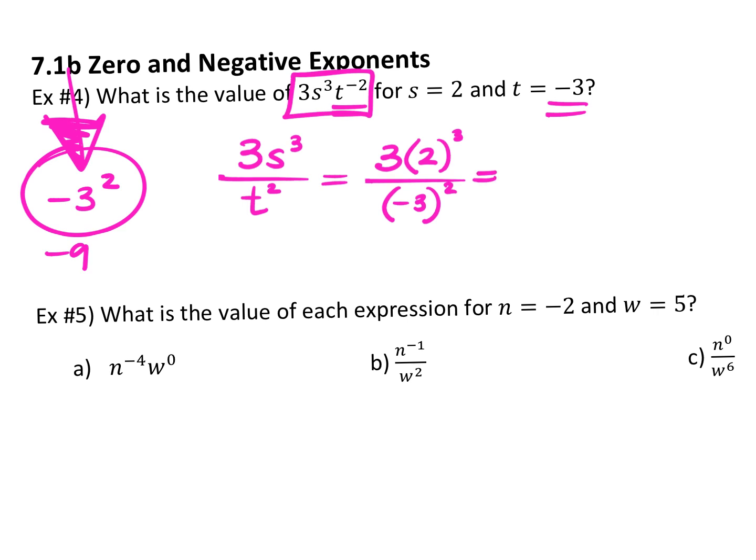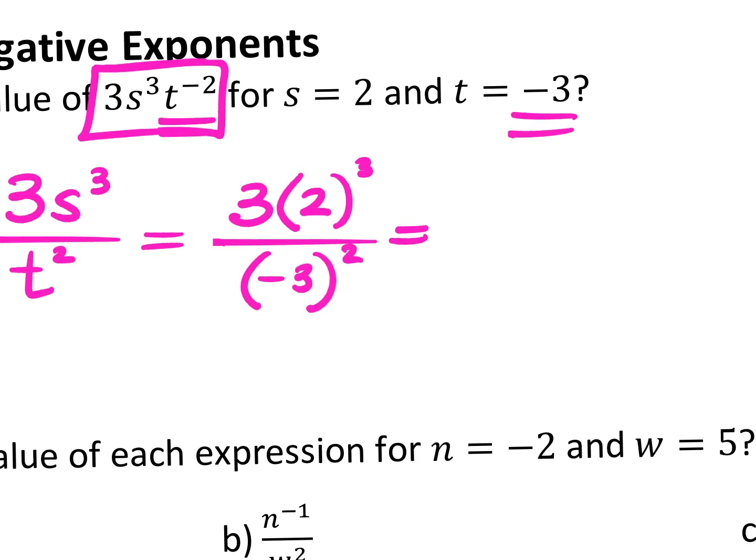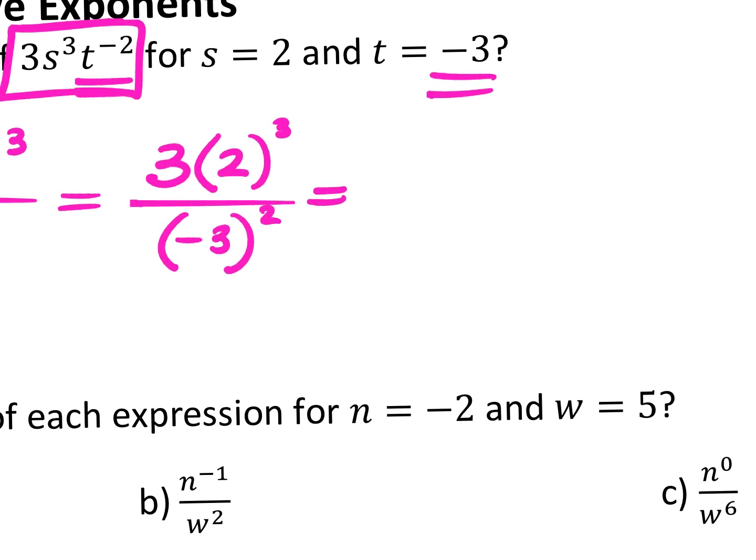So simplify this. Can you tell me, is the 3 times 2 cubed or is the 2 cubed up top? Just the 2, okay? If you plug in 3 times 2 in parentheses to the third power, actually, I don't even think you need parentheses.